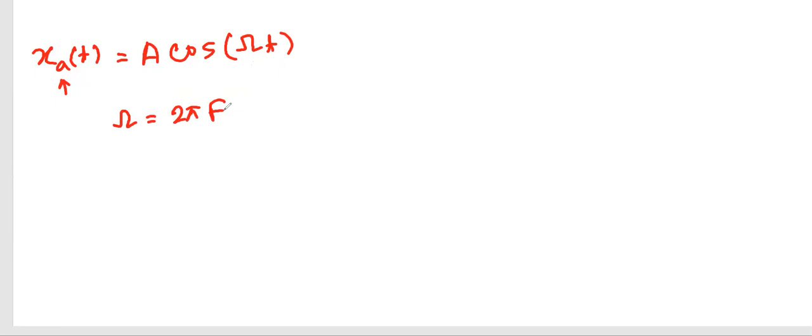Now our objective is to show that x_a(t) can also be represented with the amplitude and the phase in the complex exponential term, e to the power j omega t. So how can that be represented? Graphically we have done it in the last class. Just to recapitulate, let me show that.